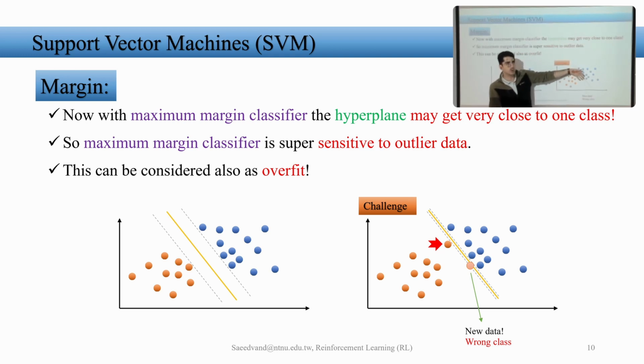Because it's closer to all these blues over there. But our maximum margin classifier says that this is the orange class because it's on the left side of this hyperplane. And we can say this is the wrong class.